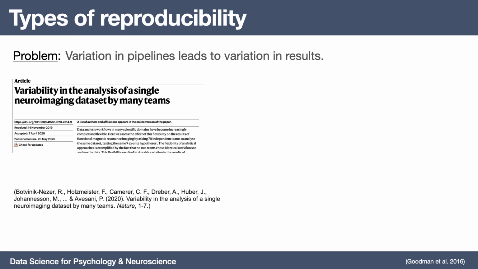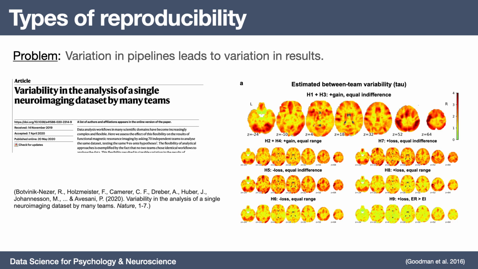So the first problem that comes up time and again is that variations in pipelines leads to variations in results. This was quite clearly articulated in this 2019 paper by Botvinnik-Nezer and colleagues, who found that when they gave a set of labs, 70 independent laboratories, the same fMRI data, and asked them to just analyze the same tasks using the pipelines that are developed in those 70 different labs, they found a wide degree of variability in the results.